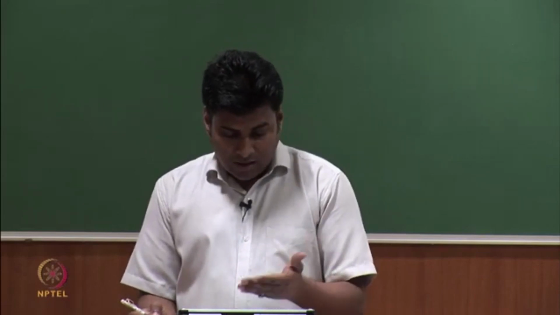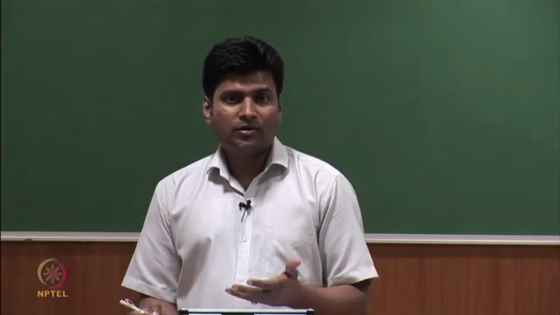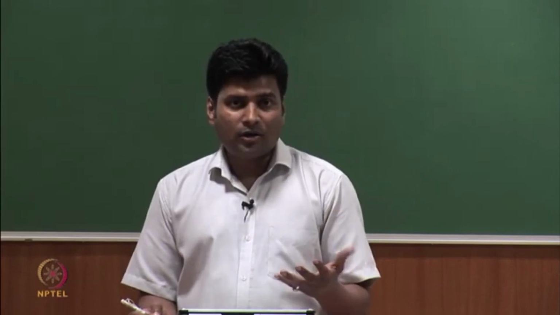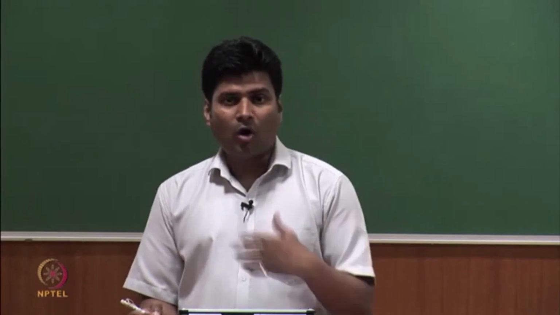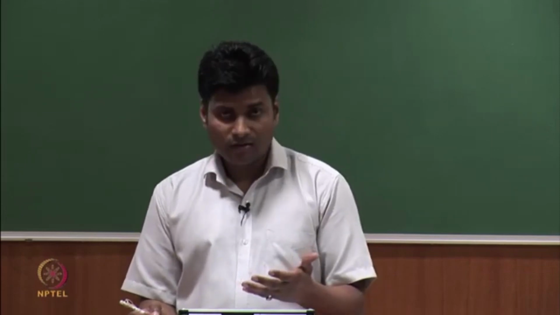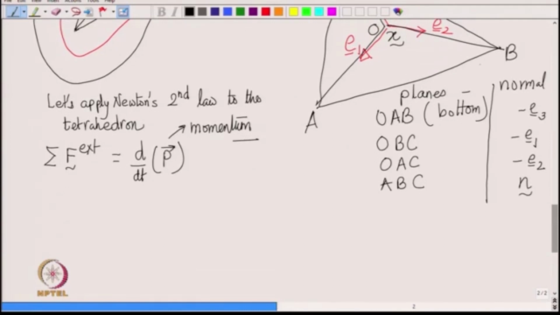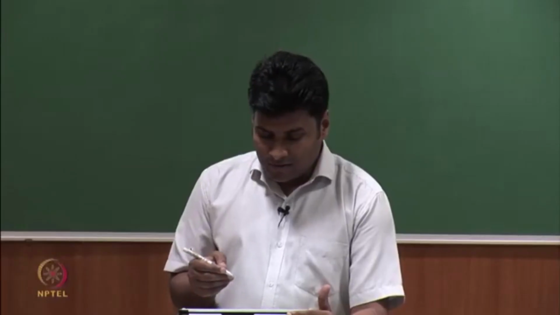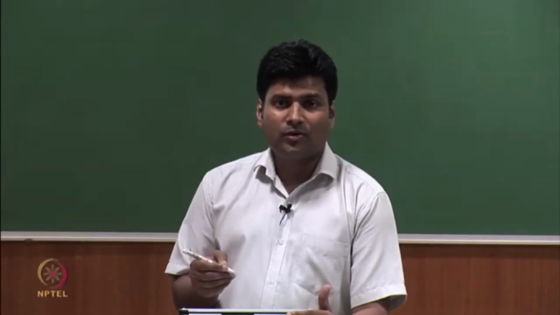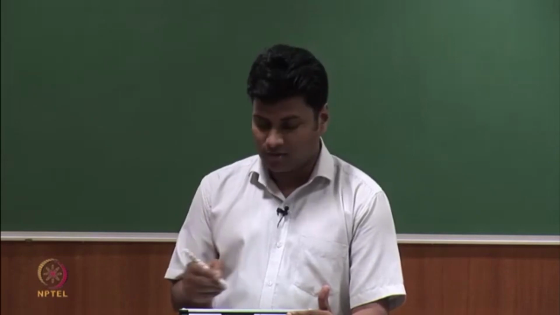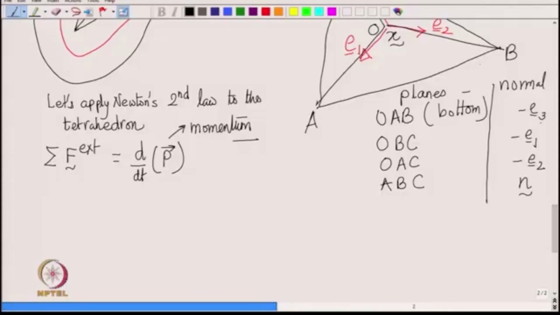And since you have 4 faces of the tetrahedron, the other part of the body is going to exert traction on those 4 faces. Okay. So, what are the tractions that act on those 4 planes? So, on OAB for example, the traction that acts is T with a superscript minus 3, because the normal is minus E3.